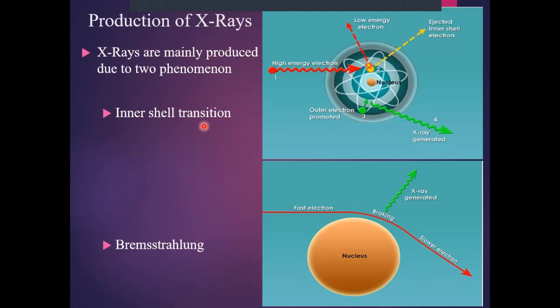As you know, the electrons are revolving around the nucleus in different orbits, and according to Bohr's theory, whenever an electron jumps from a higher energy level to a lower energy level, it emits energy in the form of light.